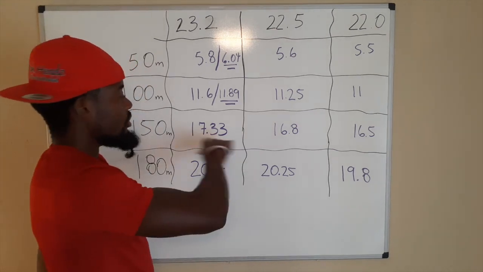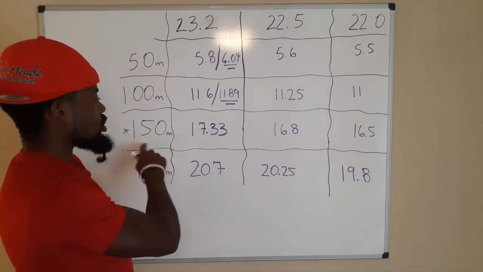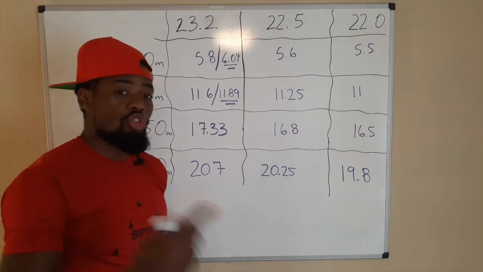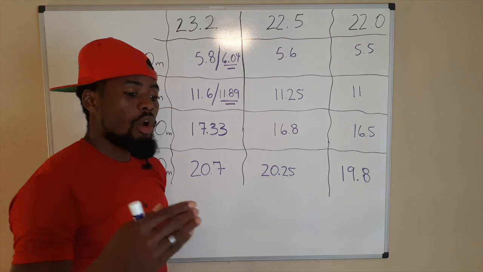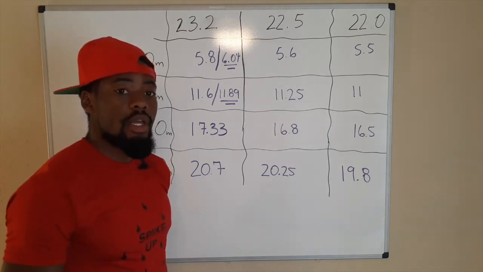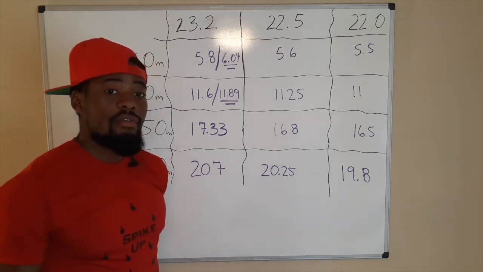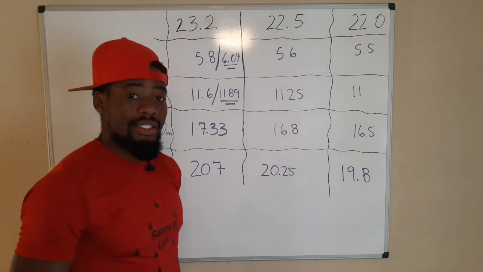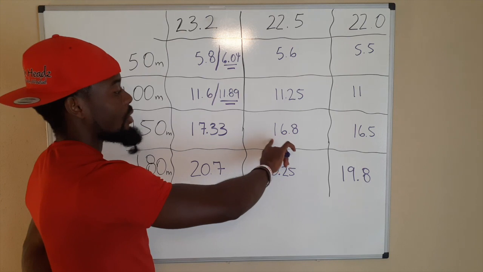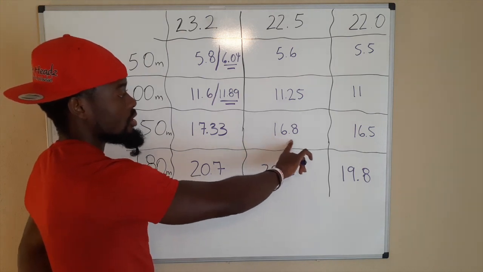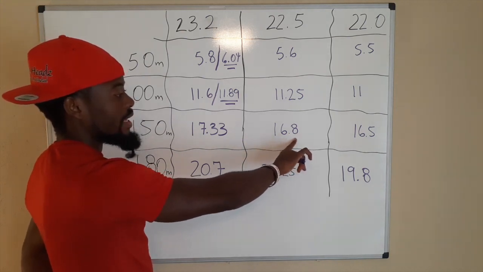Then when we get to the 150, this is the most important thing because, as you saw in my previous videos, before I ran the 200 meter time trial, I did a workout that was a 180 and a 150. In my 150, I ran 16.91 seconds. In order for me to run that 22.5, I would have had to come through the 150 at 16.8 seconds.